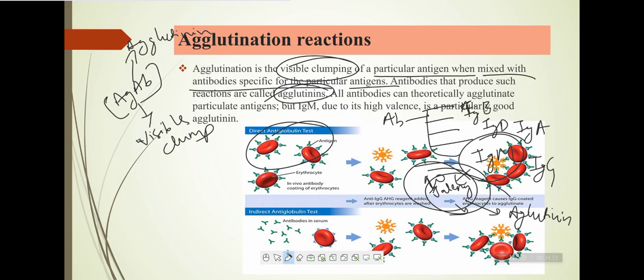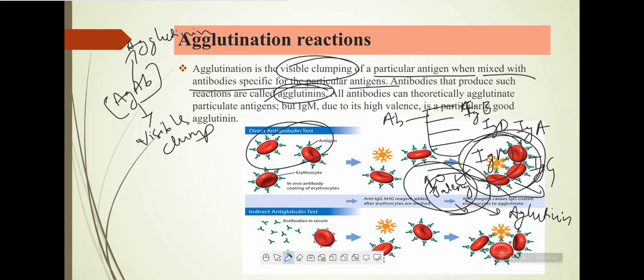The erythrocytes already have an antibody, and we add anti-IgG reagent, and that reagent will agglutinate this erythrocyte sample and we see the clumping. This type of method is known as direct agglutination reaction.